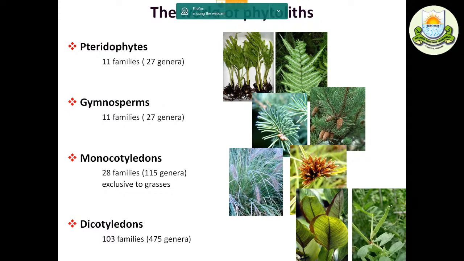Among pteridophytes, 11 families are known to produce phytoliths, and in gymnosperms also 11 families are known. Monocots are diverse producers of phytoliths, with 28 families known, and of these, Poaceae and Cyperaceae are the dominant producers. Among the dicots, 103 families are noted till now, and this count is still increasing every year. Okay.